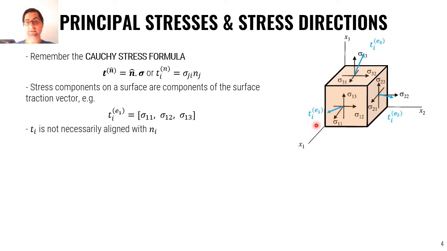So we know that T is not necessarily aligned with the normal to the surface.